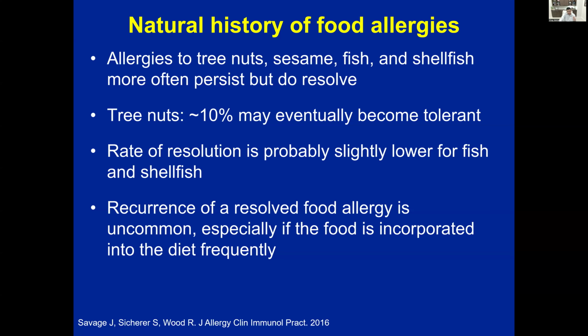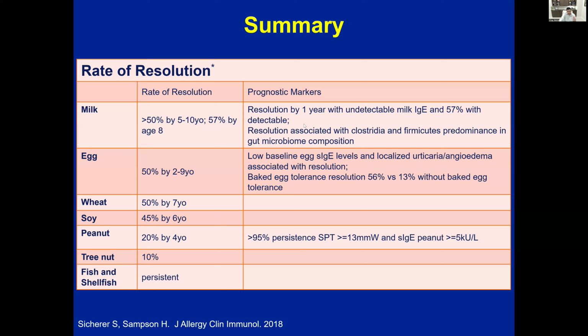All right, so this is kind of a summary slide, and I'm going to pause right here just to see if there's any questions. So these are different foods. This is the spontaneous resolution rate, and also by what age. And these are some of the prognostic markers, which essentially means it's based on skin prick test size and IgE levels.